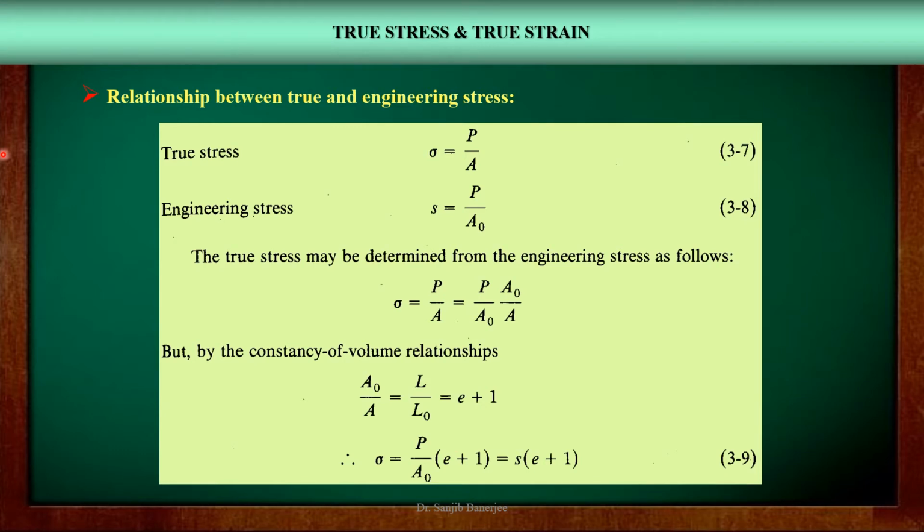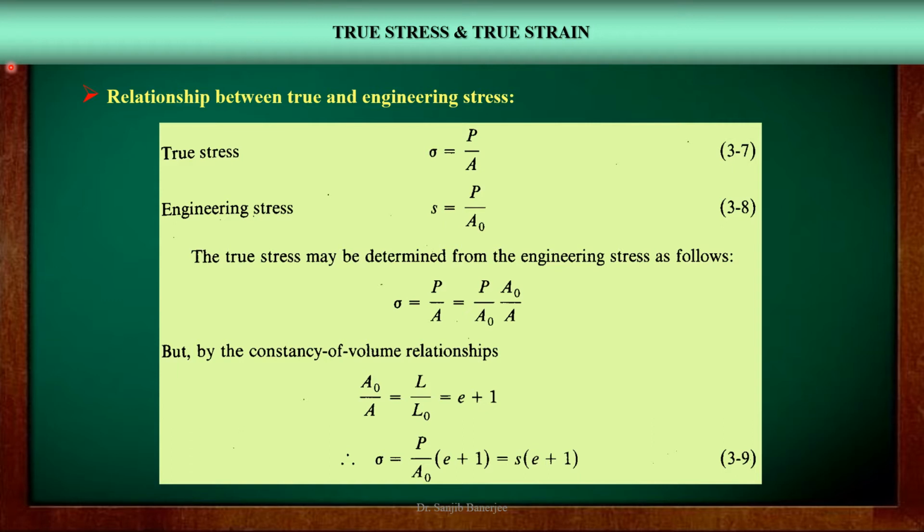Next is the relationship between true and engineering stress. We know that true stress, which is denoted by sigma, is equal to load P divided by the actual or the instantaneous area A, whereas the engineering stress denoted by S is equal to load P by the original or the initial cross-sectional area A0.